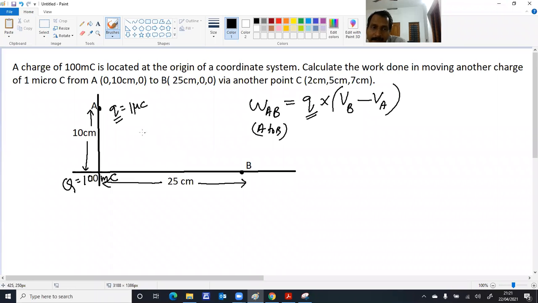So what is VA? KQ by RA. VB is KQ by RB. This is RB and this is RA.